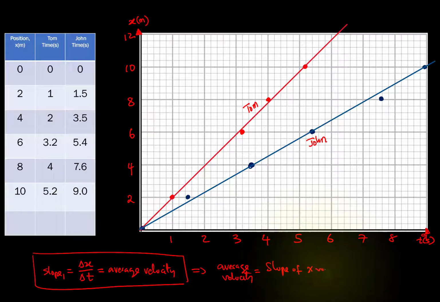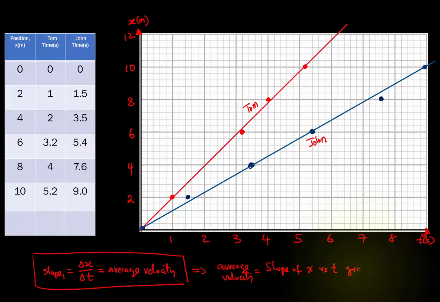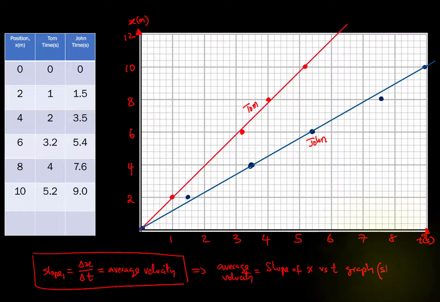is equal to the slope of the x versus t graph, as long as the graph is a straight line.